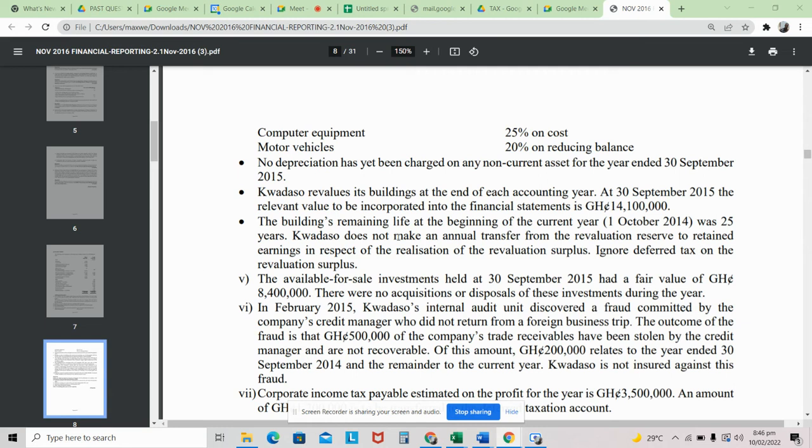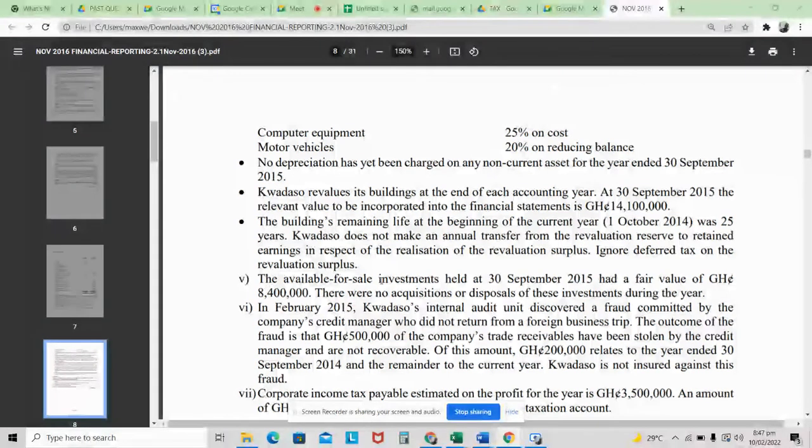Kwadaso does not make an annual transfer from the revaluation reserve to retained earnings in respect of the realization of the revaluation surplus. Ignore deferred tax on the revaluation surplus.